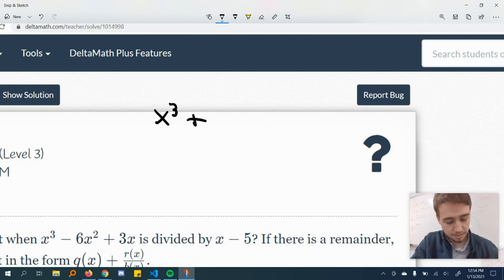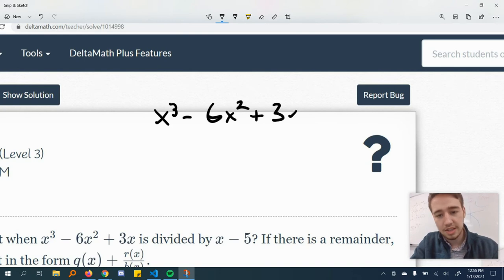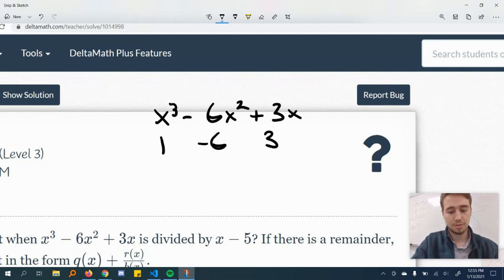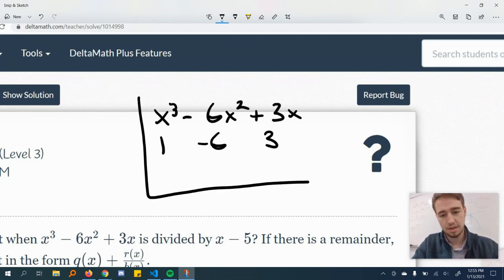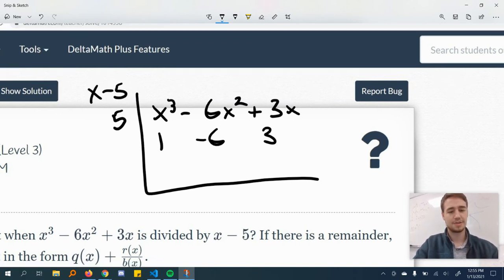X cubed minus 6x squared plus 3x is going to be 1, -6, 3. And we're dividing it by x minus 5. Change the sign on that 5 to get +5 here.